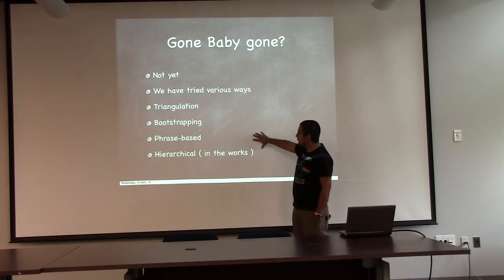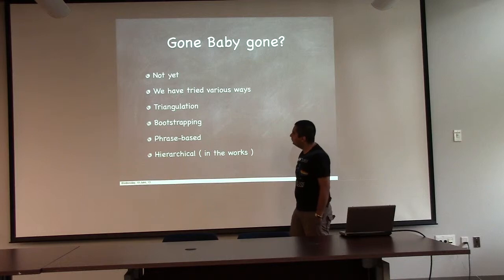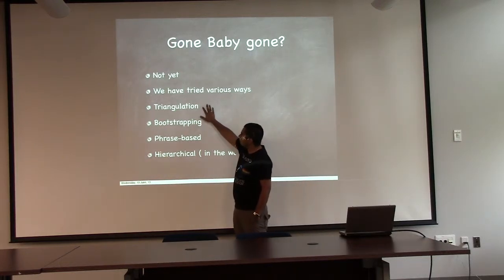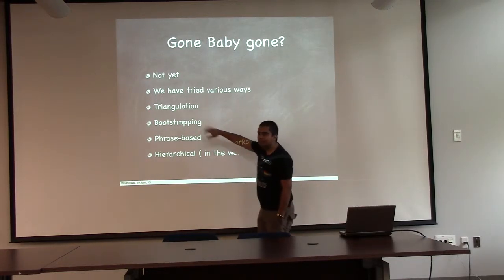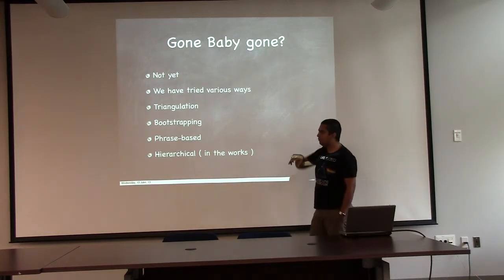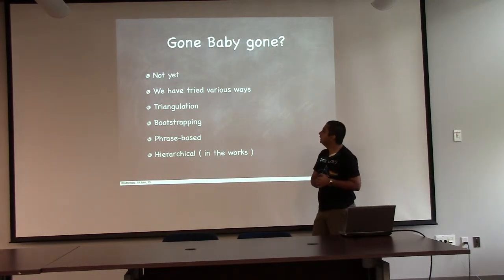I can tell you some of these ways, but it's kind of hairy. So I'll tell you what happens. This is called triangulation. Here we want to go from Haiti to English. We have one table, sort of a dictionary, which says which word in Haiti goes to which word in English, with some probability associated with it.